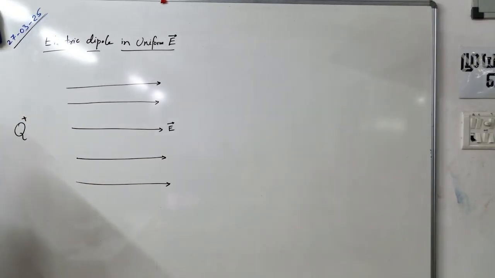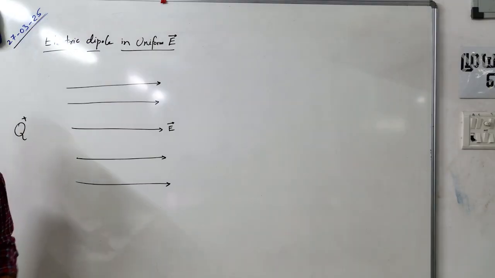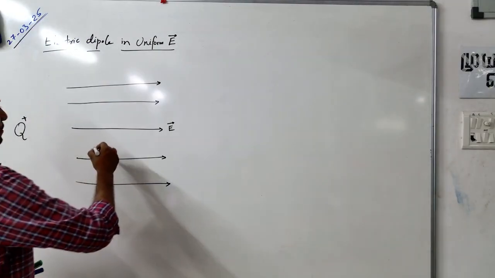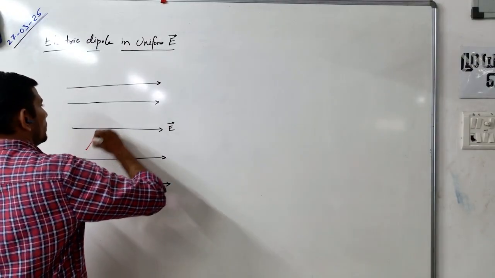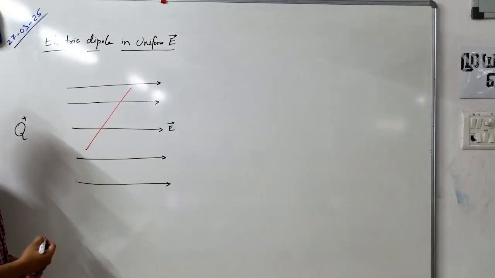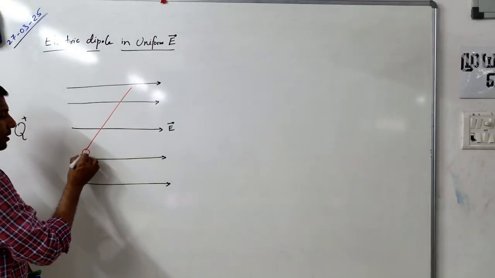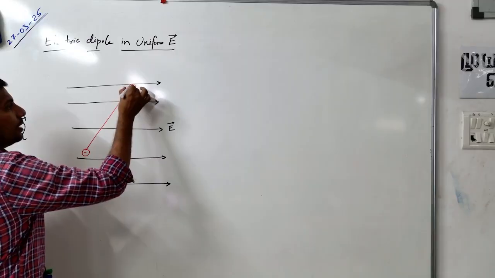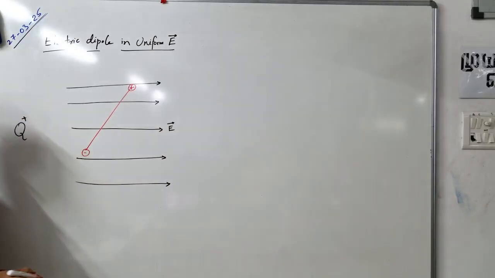Now I am going to keep an electric dipole in it. So let's take an electric dipole and I'm going to place the electric dipole inside, with a negative charge and a positive charge.